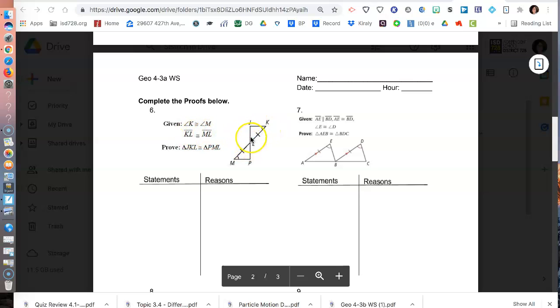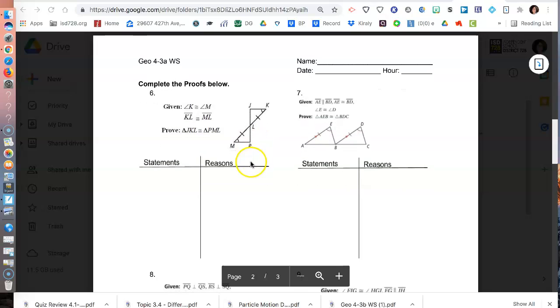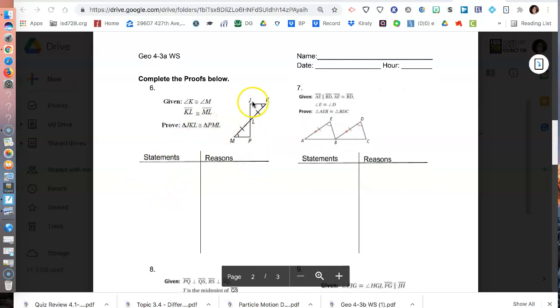So we need to get the angle on the other side of the side. So we can go angle, side, angle. In here at where this X is made, that's a vertical angle theorem. So one of the reasons you're going to have to add with your brain is that angle JKL is congruent to angle PLM by the vertical angle theorem.